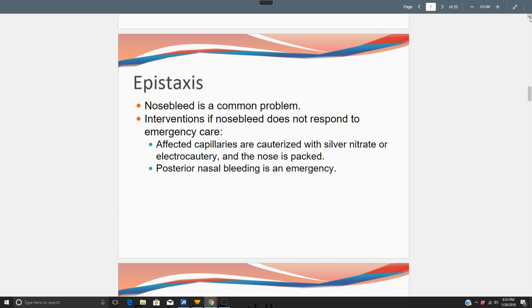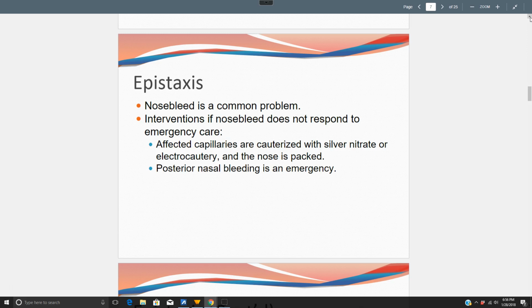And you want to prevent rebleeding from dislodging clots, so you would really want to tell the patient not to blow their nose for at least 24 hours, because if you open up those clots, you may start the bleeding all over again. If these aren't effective, then it's probably necessary that the person may have to go to the emergency room.